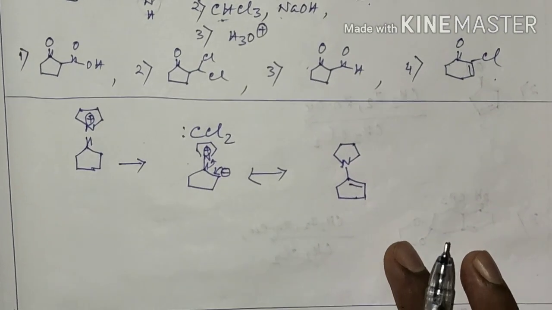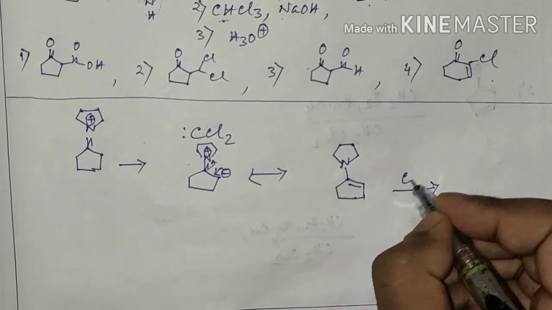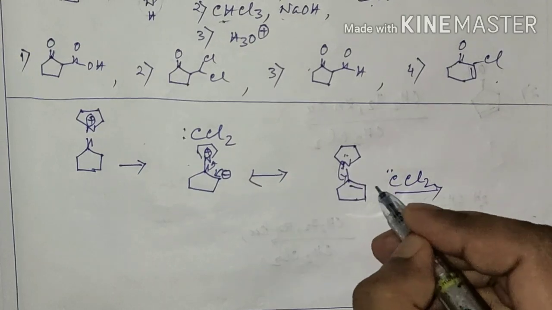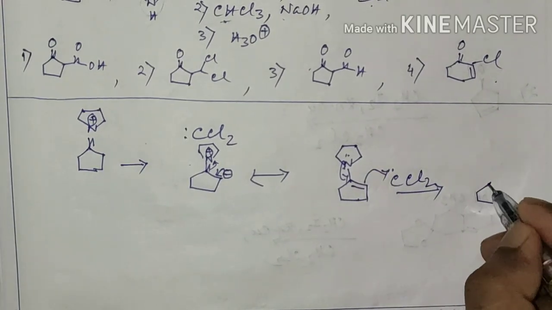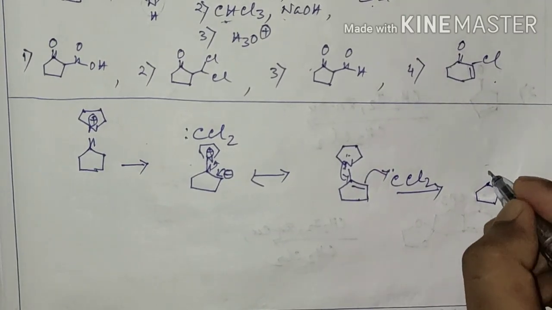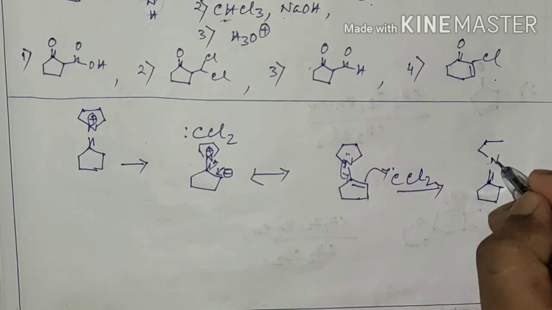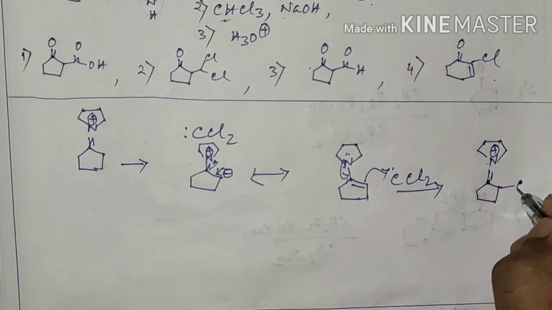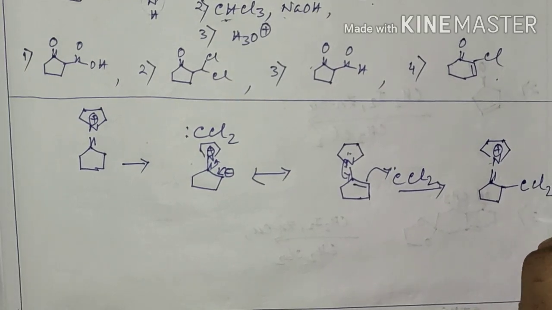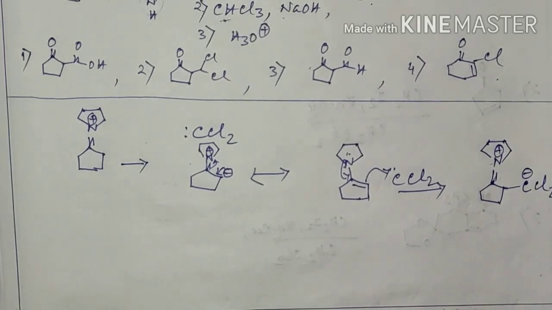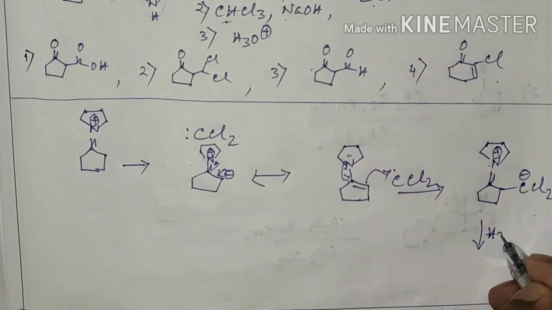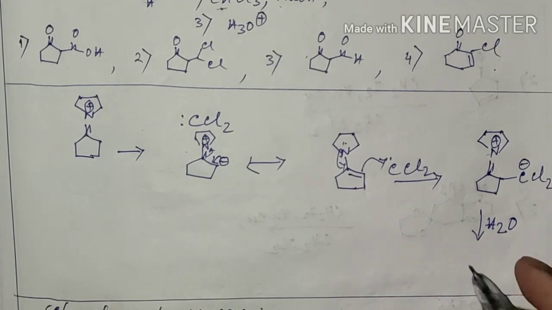And it will attack the CCl2 carbene, and this anion will be protonated by water present in the aqueous sodium hydroxide.